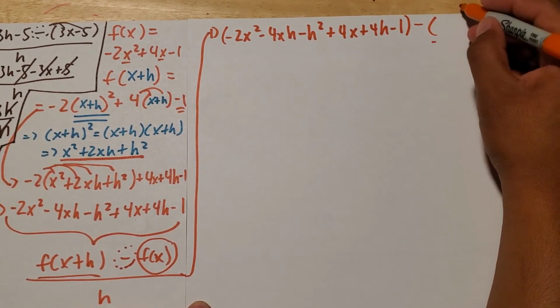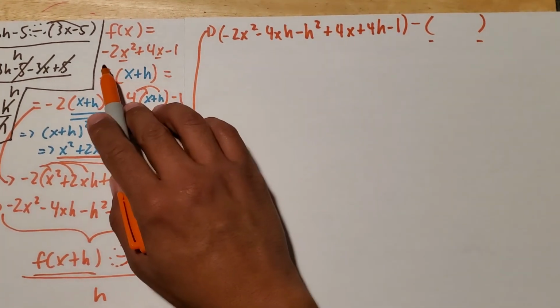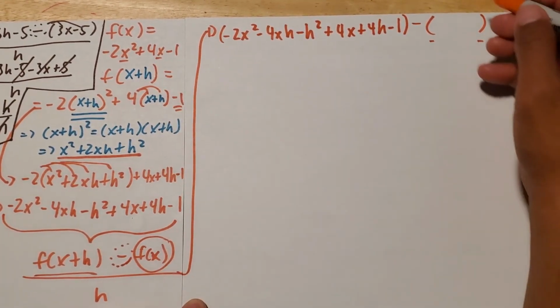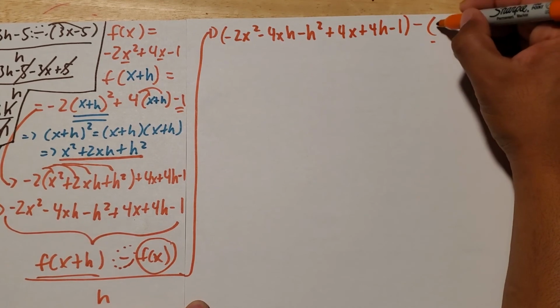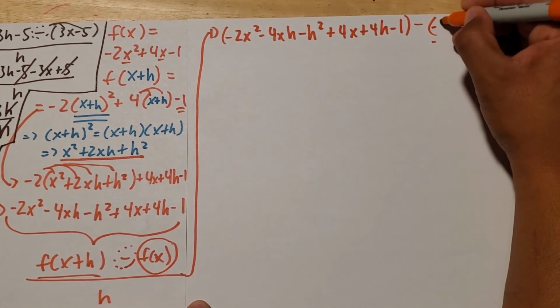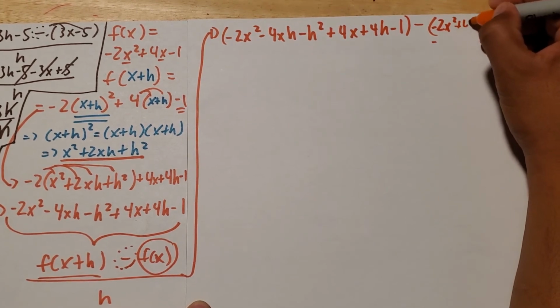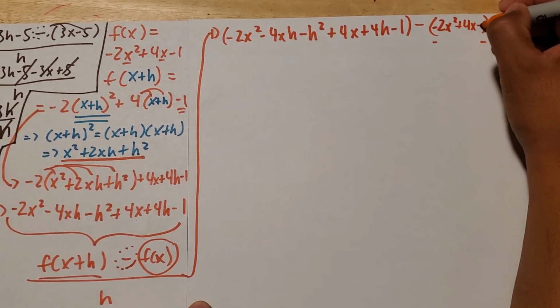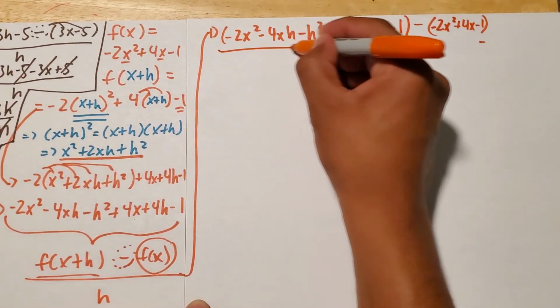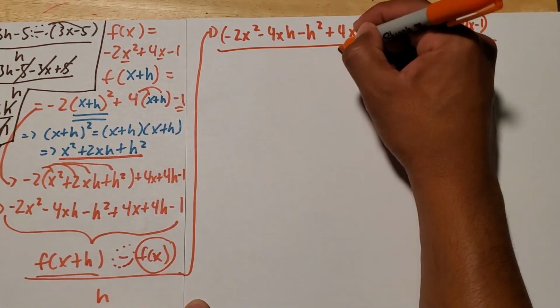f of x, which is this entire part. I've given myself more room. It's going to be negative 2x squared plus 4x minus 1. And don't forget, this is still all over h.